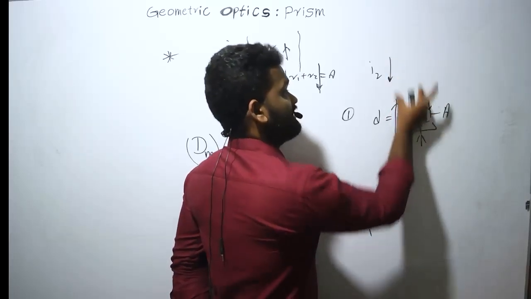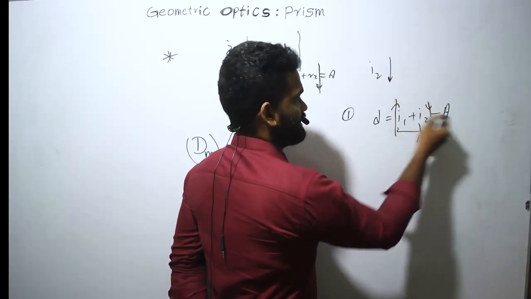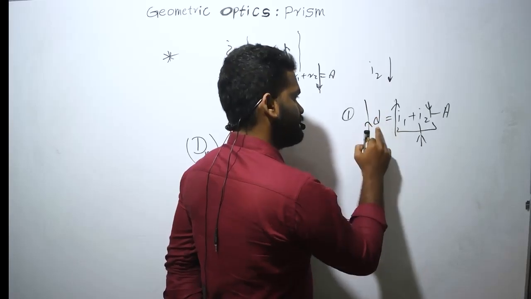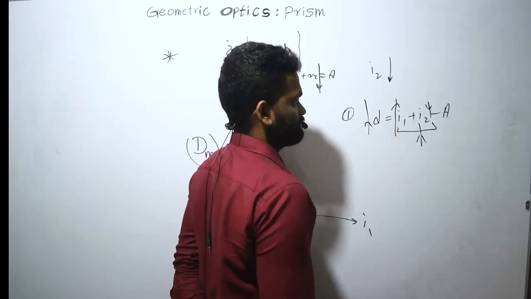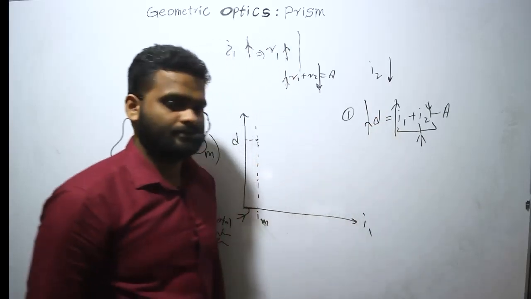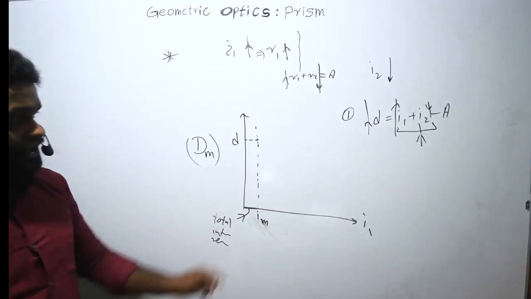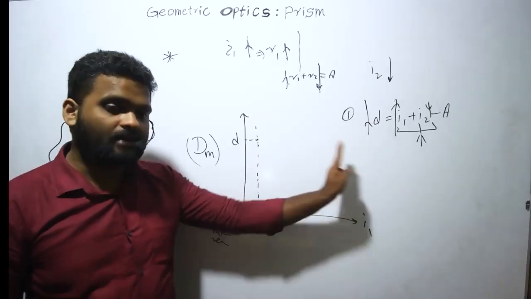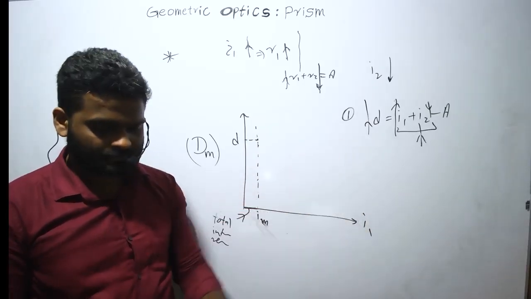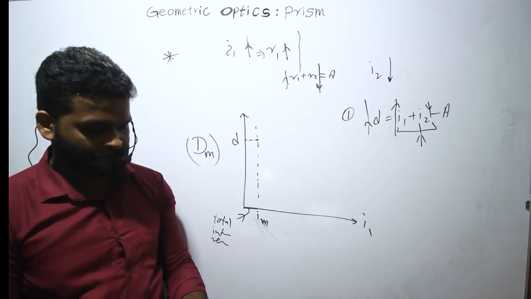So when this value increases, minus A, simple D increases. So that happens after.